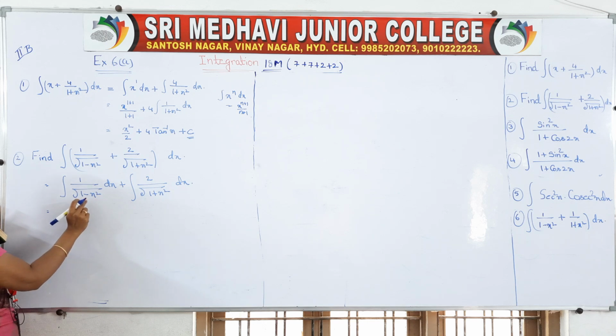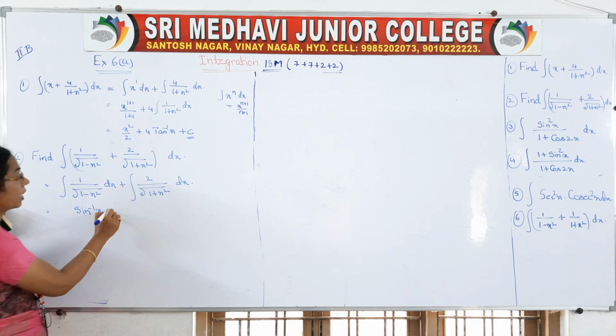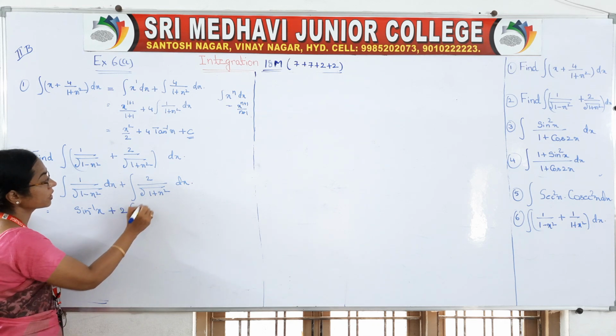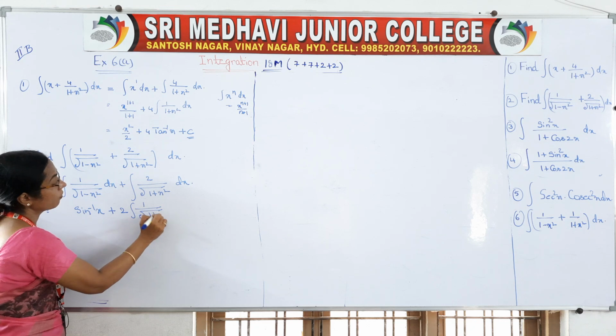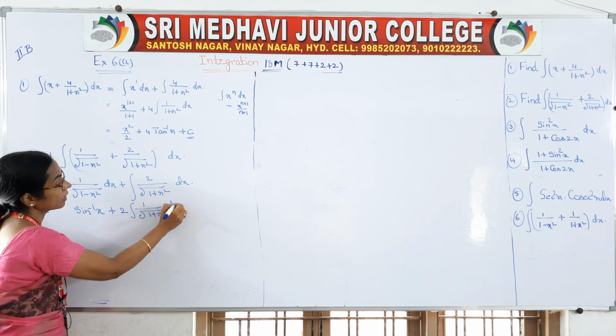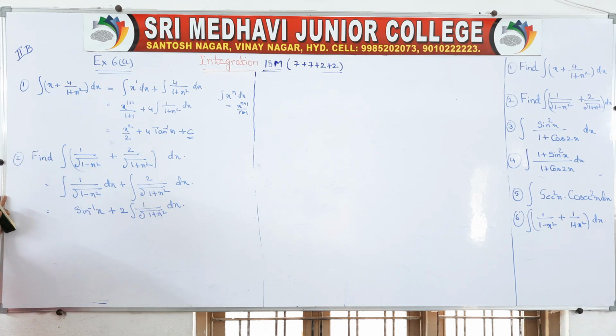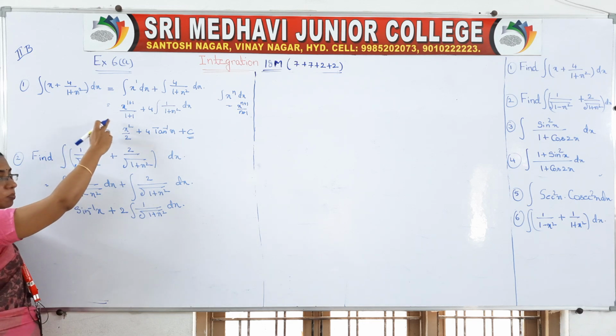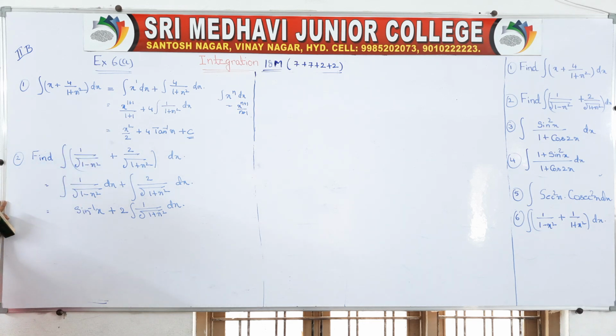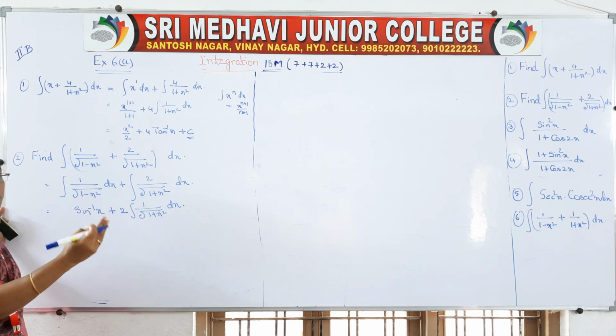And what is this formula? See, observe your formula list. It is sine inverse x plus, we are writing 2 outside, by root of (1 plus x square) dx. Direct problem, isn't it? This one also direct problem. Sometimes problems will not be in our standard form. In such cases, we will reduce that problem into our standard form.